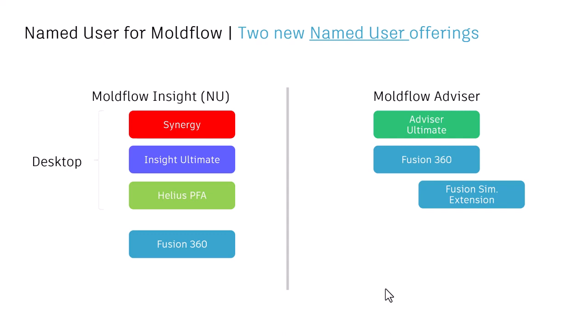If you refer to my earlier videos on the simulation extension, now the Advisor user not only gets the ultimate functionality but also gets access to the Fusion simulation extension. So he can do upfront simulations very quickly using the simulation extensions, and a more detailed, engineer-level simulation using the Advisor Ultimate capability, which comprises the fill, pack, pool and warp analysis.